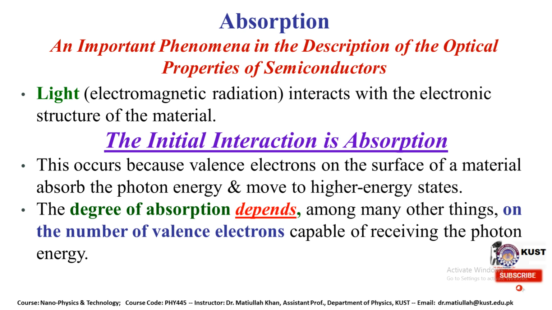So how does the absorption process occur? The absorption process is an important phenomenon in the description of the optical properties of semiconductor materials, because it is the basic process from which we can extend to all other properties. Because if light is not absorbed, definitely it will be transmitted.